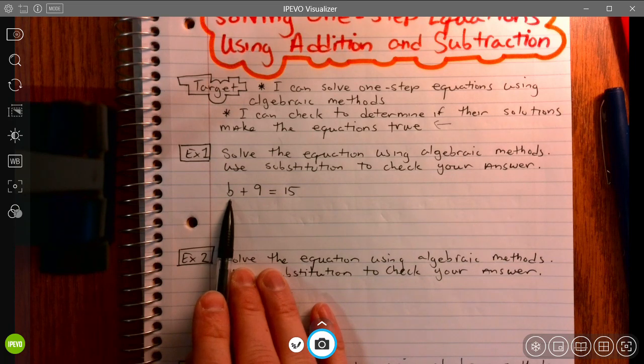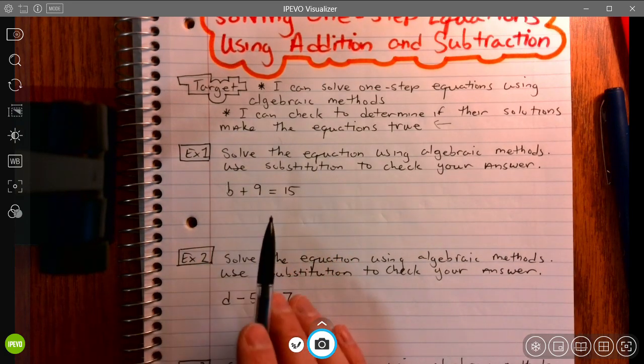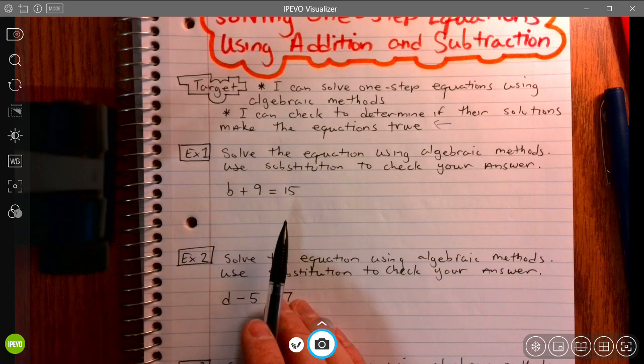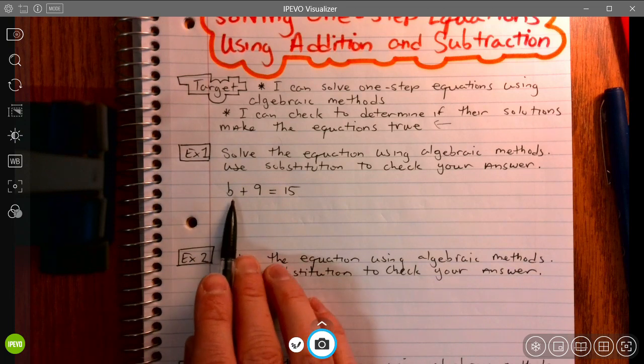What that means is we are going to find the value of that variable, which makes this equation true. Okay, so I want to see what b is worth. I want to find the value of b.